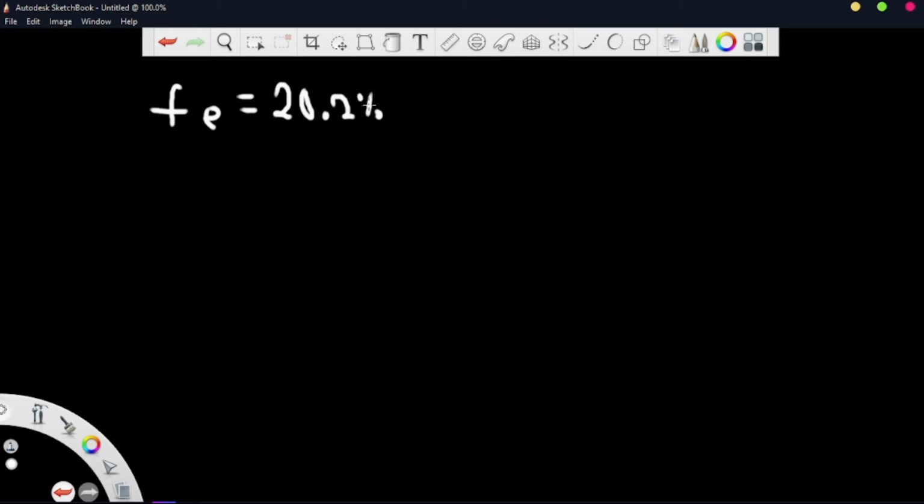We have been given S, which is sulfur, 11.5%.